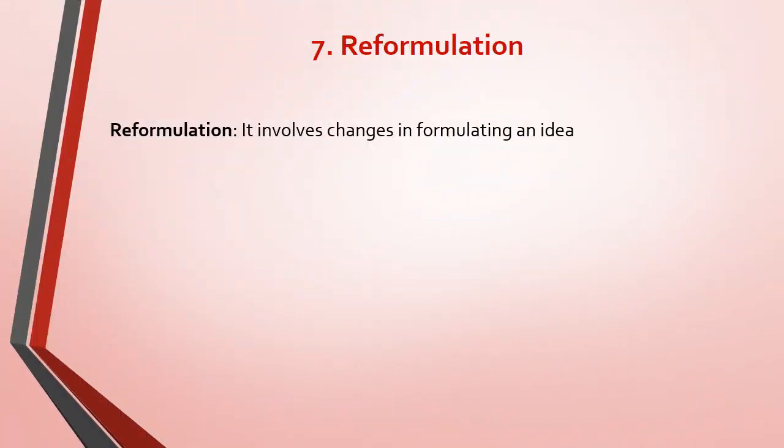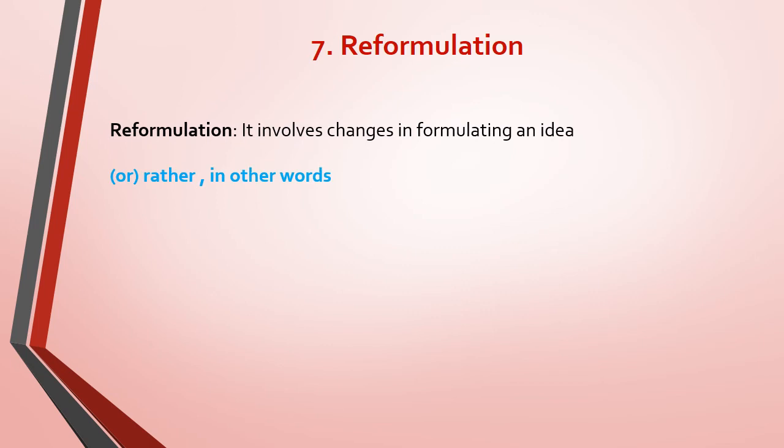The next relationship is reformulation, from the verb to reformulate. To say something and then you reformulate it. You say it differently. You decide to say it differently. So reformulation involves changes in formulating an idea. You say something, then you feel that you have not said the right thing, you change it.